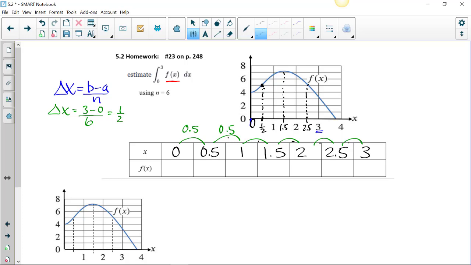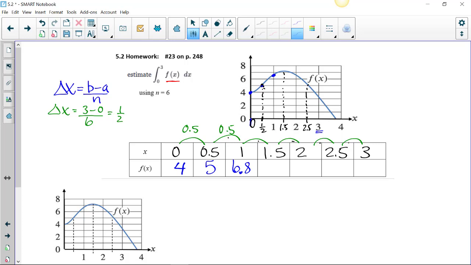So at 0, the point on the curve is 4. At 1/2, it looks to me like it's 5. At 1, I'd say, I don't know, 6.8 maybe. So there, I see I have to just make a judgment call.